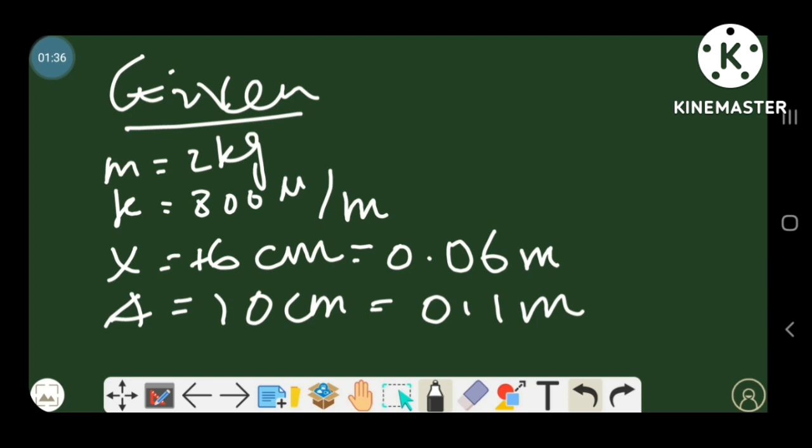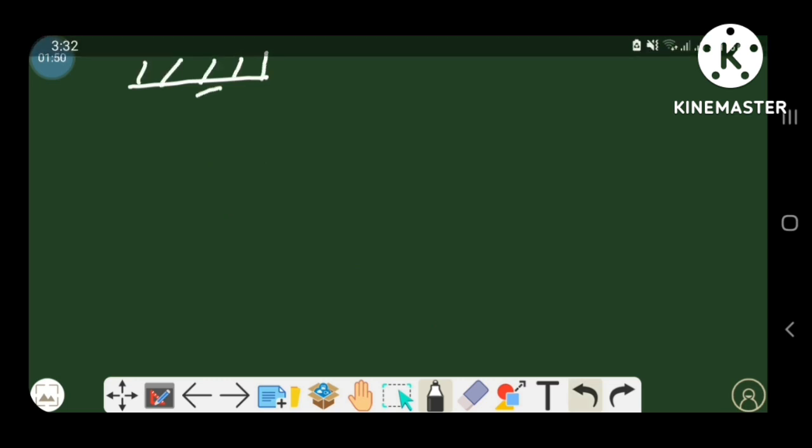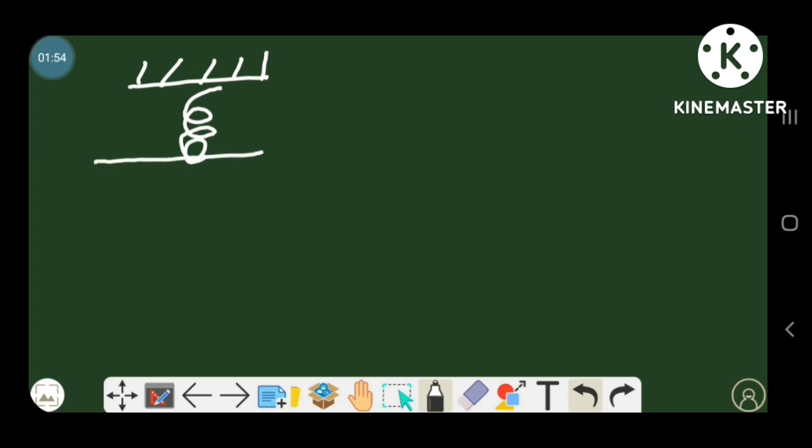From these given quantities we must figure out the free body diagram. For such an equation we must consider a spring, and this spring has its own position. This is the equilibrium position, which is x equals 0.